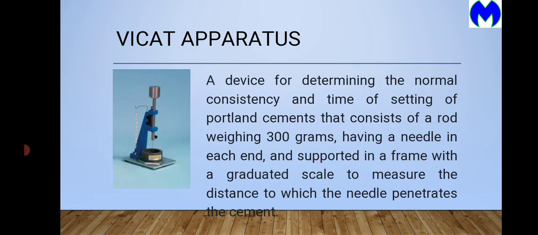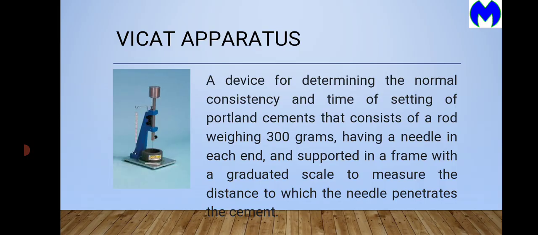The VICAT apparatus is a device for determining the normal consistency and setting time of Portland cement that consists of a rod weighing 300 grams, having a needle in each end and supported in a frame with a graduated scale to measure the distance to which the needle penetrates the cement. We use the VICAT apparatus on cement paste, to determine the normal consistency of the cement.